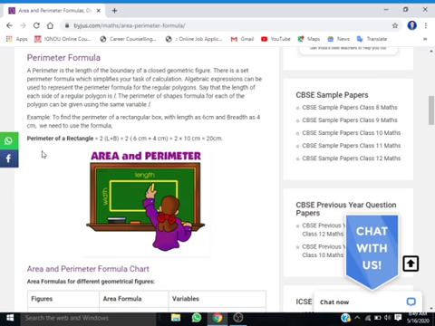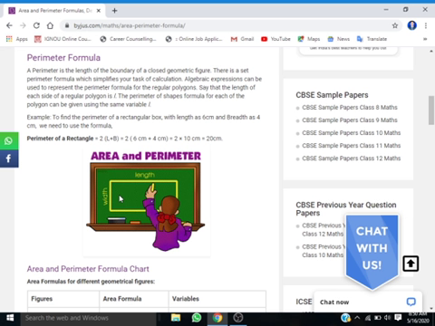When we discuss the perimeter of a rectangle, then perimeter becomes 2 times length plus breadth. As you see here in the shape of the rectangle, if it is considered as width and length, then it is treated as L and B. So perimeter becomes 2 times L plus B. And in the case of area calculation, length into breadth.